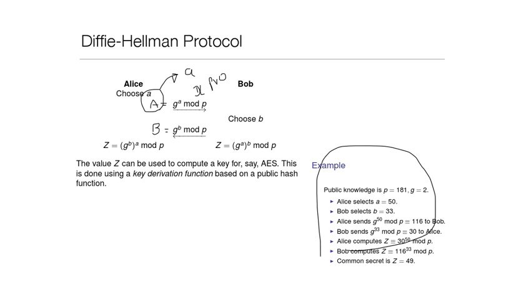To get A or B, the third party should be able to extract the simple A or simple B using the capital A or capital B value that he sees from the public channel. So this is the security of the Diffie-Hellman protocol.